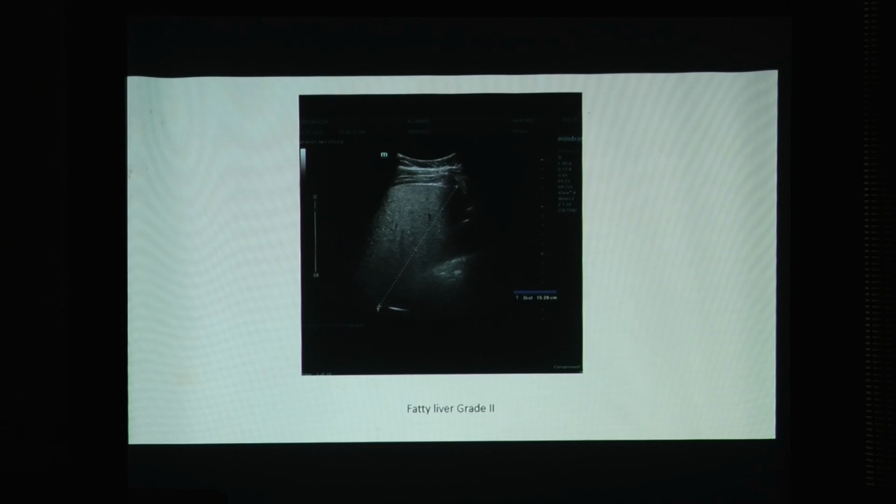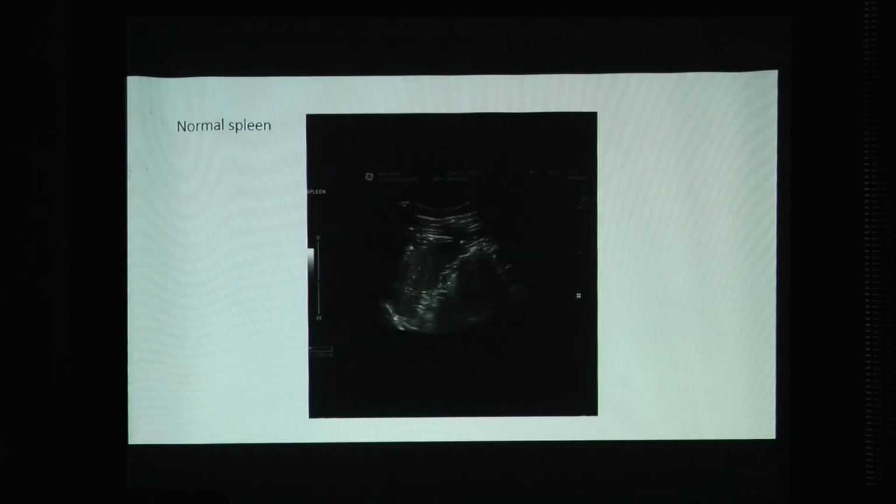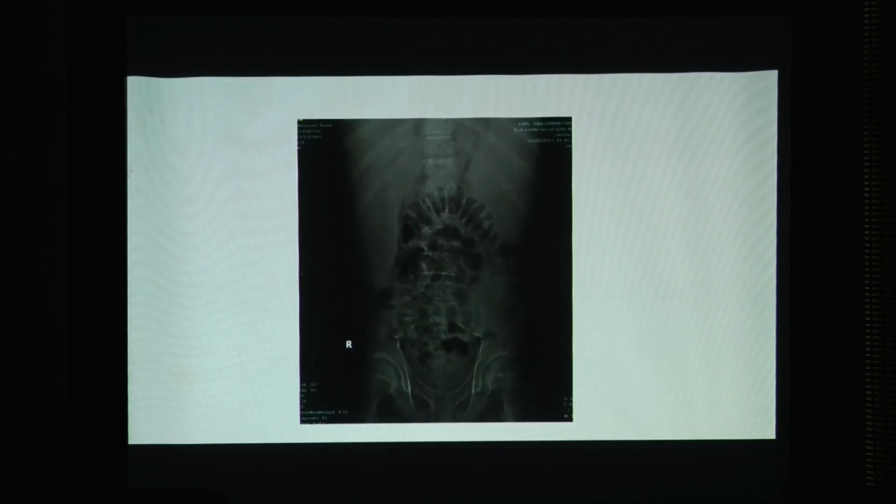It can be graded 1, 2, 3. This is the normal spleen you can measure, and splenomegaly can be identified. This is a case of thalassemia in which the hepatosplenomegaly is seen.